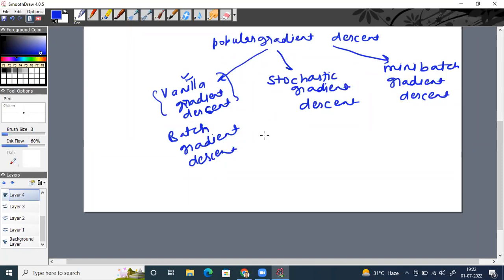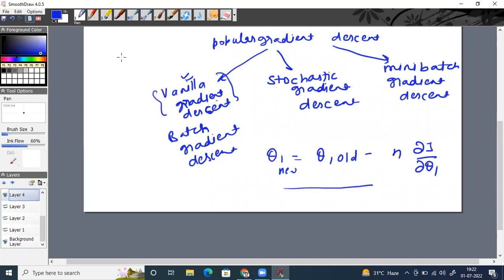How do they perform? Ultimately everyone has to update the weight, right? Theta one new is equal to theta one old minus eta times del j by del theta one. This is the ultimate purpose. But how frequently this weight update happens is where the difference lies.